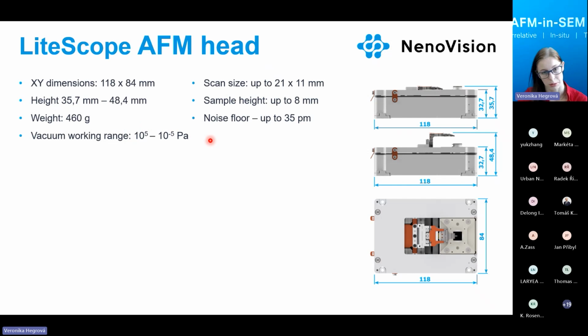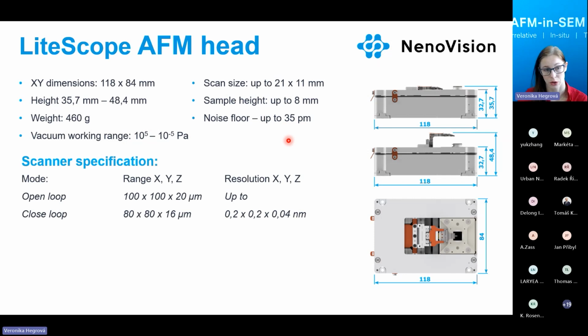Even though a customized version, we have UHV as well, so not only this range, even lower to 10^-8. The scan size is up to 2 by 1 centimeter, with sample height up to 8 millimeters. Our noise floor is 35 picometers.